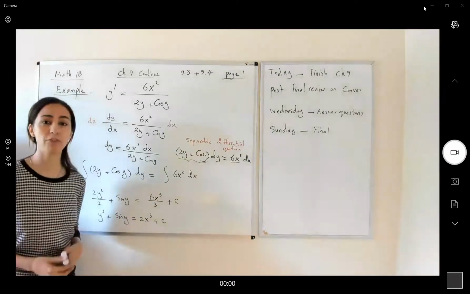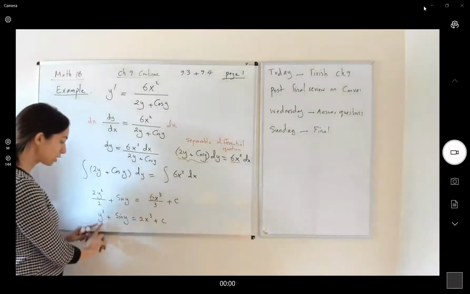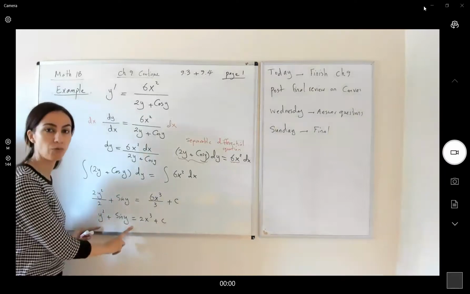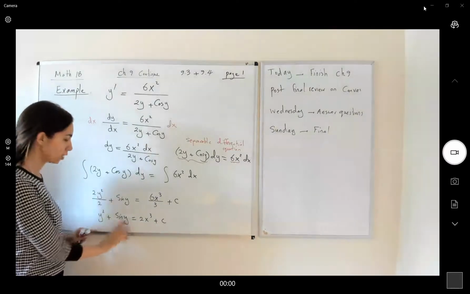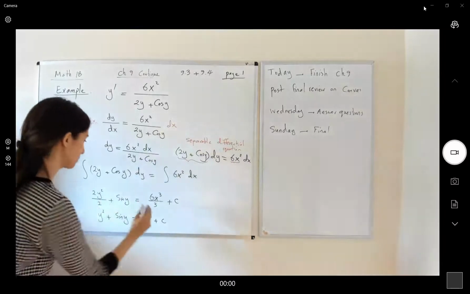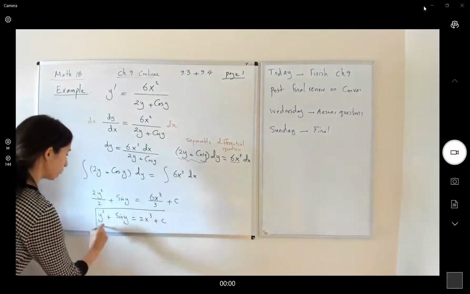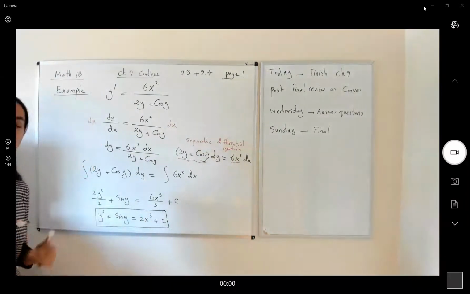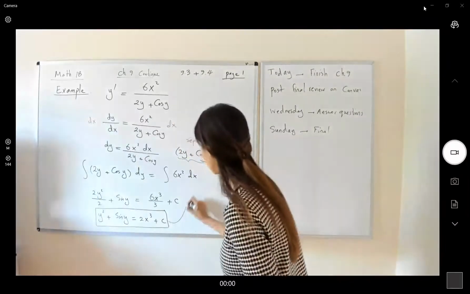Can we simplify this more? You cannot isolate y on one side. You can leave it as it is and say, hey, this is my final answer. Or you can write it this way.